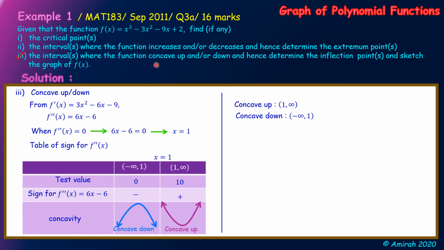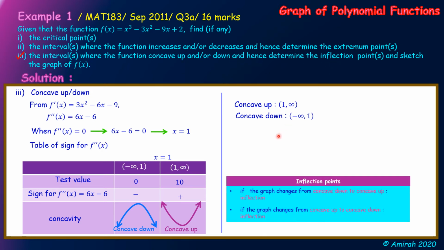After we find whether the function is concave up or down, we need to determine the inflection points. To find the inflection point, if the graph changes from concave down to concave up, we get an inflection point. Now at x equals 1 here, the concavity changes from down to up.